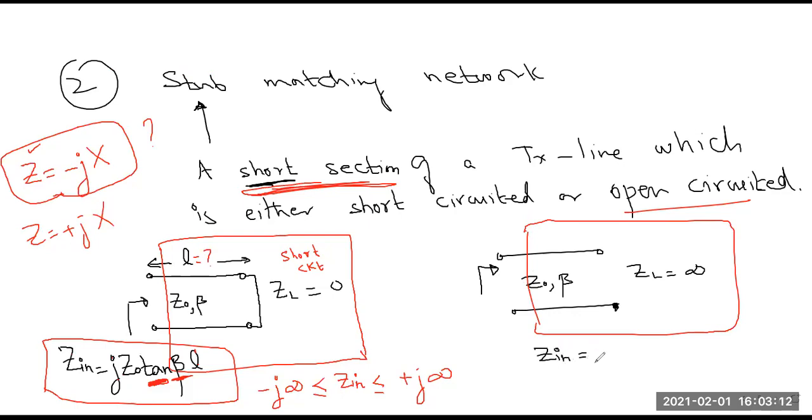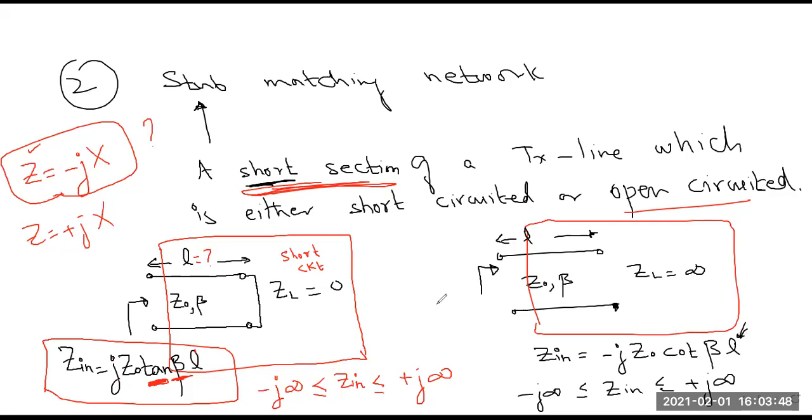So Zn was computed to be equal to minus jz naught cotangent beta. What is the possible range of this Zn? It all depends on the length of this transmission line. By changing L, Zn is going to vary from minus j infinity to plus j infinity. So this open circuited line can also act as a capacitor or inductor depending upon the value of L.